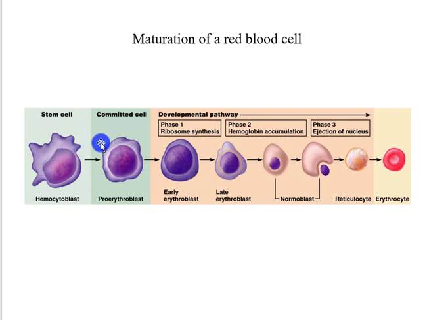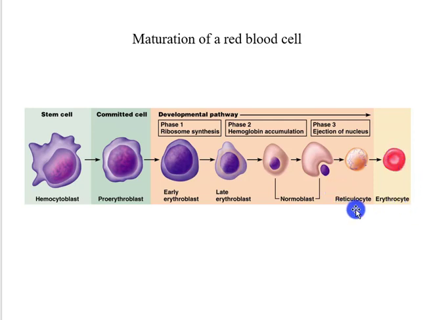There's a step of differentiation where it becomes a proerythroblast, but there's continued maturation that needs to occur. Then you turn into an early erythroblast, late erythroblast, then a normoblast, then a reticulocyte, and finally an erythrocyte, which is your full-blown mature red blood cell.